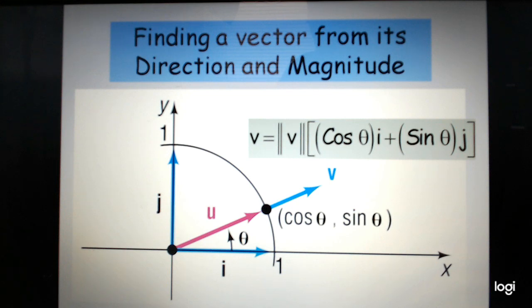Okay, so again, here's where we ended up. Finding a vector, so V is the vector. This symbolism here means the magnitude of the vector, which is the length of the vector. So you've got a length, and i and j are the Kronecker vectors. So this is a scalar quantity. It's a multiplier.